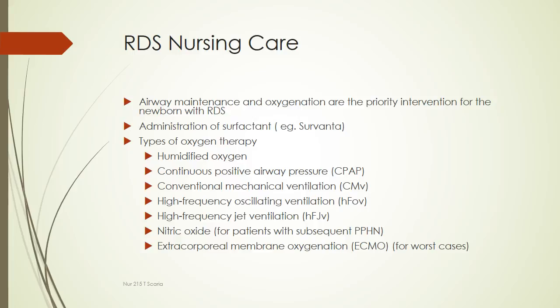The types of oxygen therapy include humidified oxygen, continuous positive airway pressure, otherwise known as CPAP, then conventional mechanical ventilation, high frequency oscillating ventilation, you call it HFOV, then high frequency jet ventilation, that is one more level up from the previous one, then nitric oxide treatment for patients with subsequent persistent pulmonary hypertension, and extracorporeal membrane oxygenation or ECMO, used in the worst cases of respiratory distress syndrome.